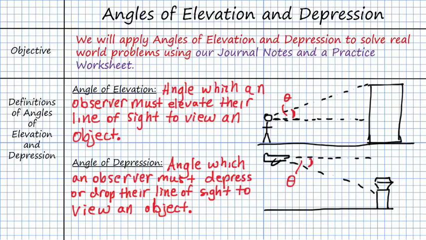For instance, for this angle of elevation problem right here, if you're looking at this building and you're trying to determine its height, what you could do is first determine your own height, and that's this height right here, and then you can measure pretty easily this distance here. And this distance here, you could just call it d, and what you'd find is that this x, this distance here, would be x minus y.